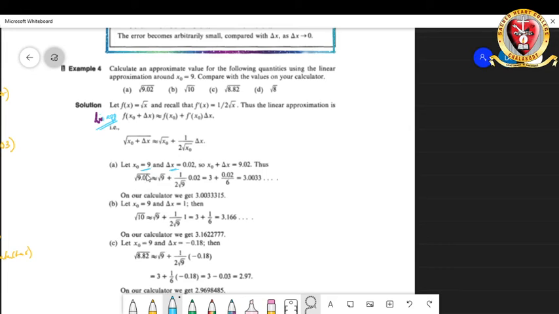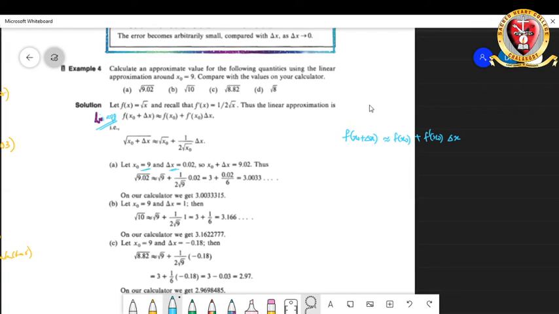Now root of 9.02 is approximately equal to root 9 plus 1 by 2 root 9 into 0.02. We know f of x naught plus delta x is approximately equal to f of x naught plus f dash of x naught into delta x. So you just substitute for them.